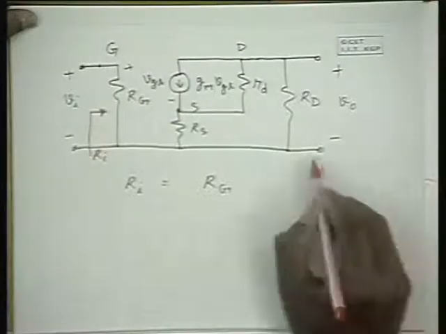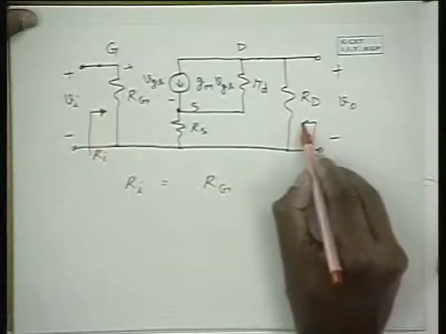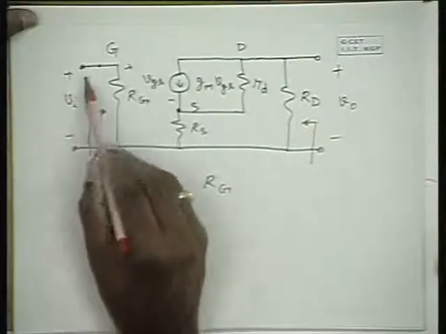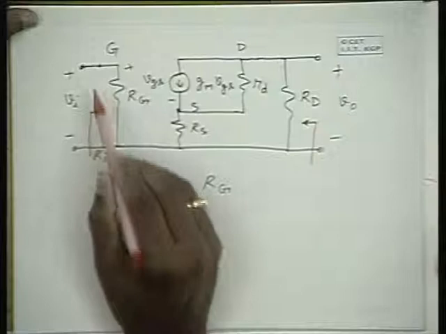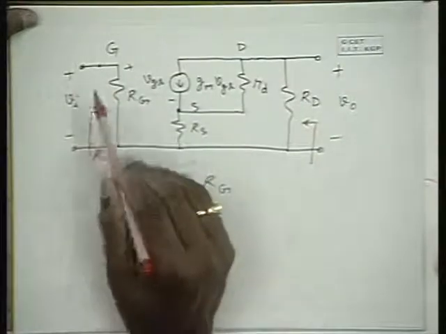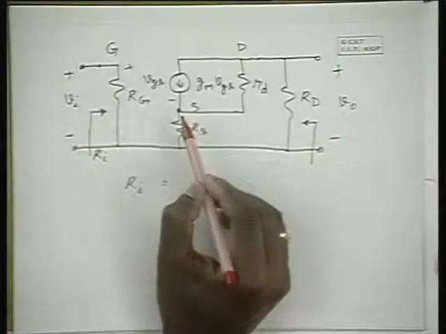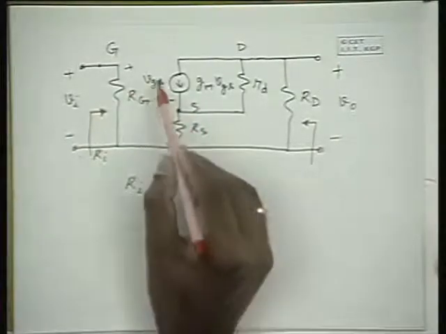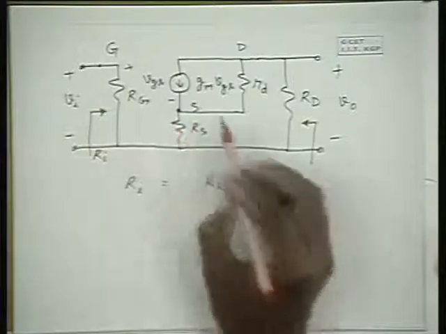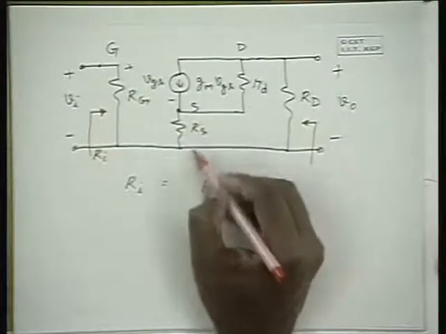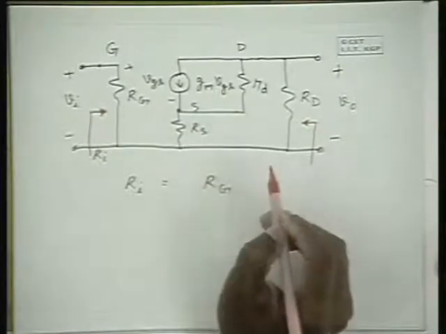Now what about Ro, the output impedance? With the input replaced by a short circuit, Vi replaced by a short circuit, VGS is going to be equal to minus VRS, the voltage drop across RS.